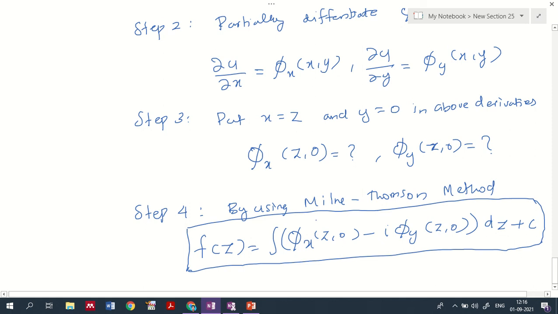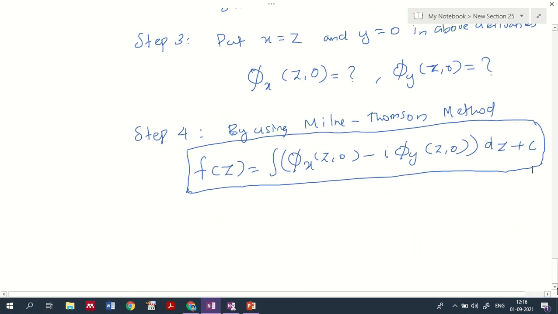Once you get the total analytic function, you can easily find the real part. Once you have the total analytic function, you can separate out what u and v are.